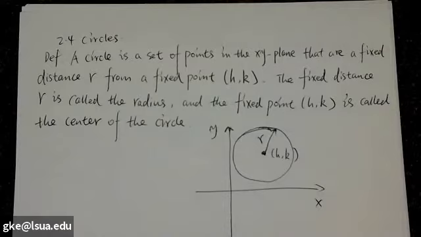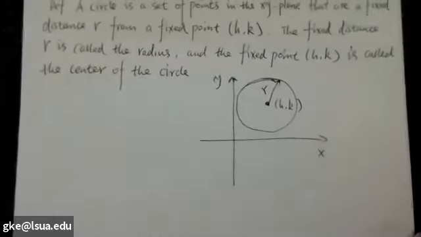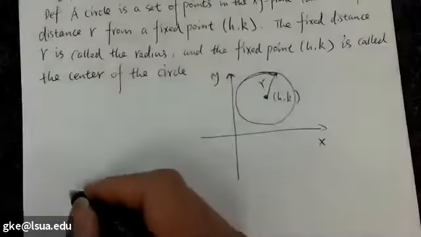Now, after you understand the circle with a fixed point and a fixed radius, we can define the equation for the circle. Definition.